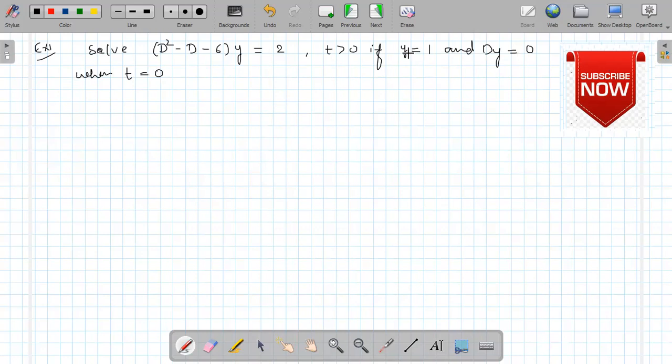Means you are given that y(0) is 1 and y dash 0 is 0. So let us solve this. We are given this equation.